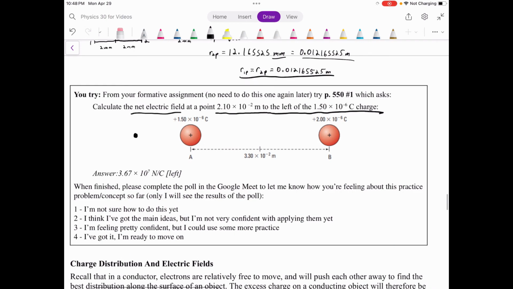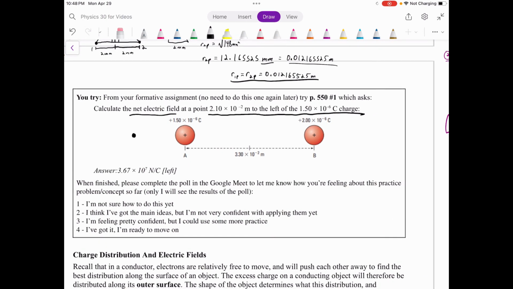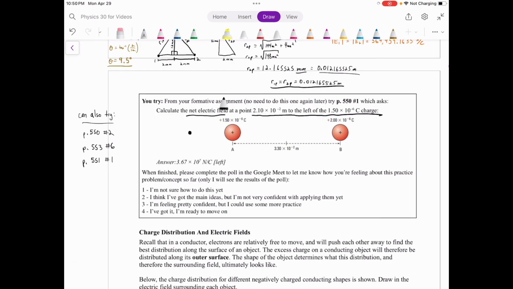At this point you really can pause and try a few more practice questions. At the very least, try this one while it's fresh in your brain. I would also recommend taking a little break from my voice and doing some of your practice assignment, getting it done now. These are some recommended practice ones from your assignment as well. This one's especially good for the 2D stuff.